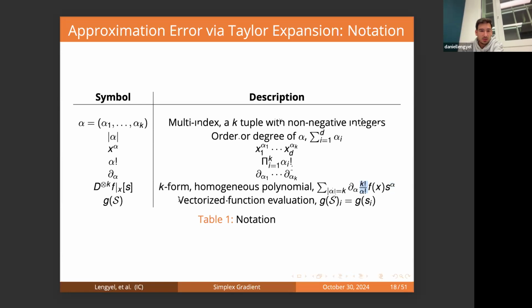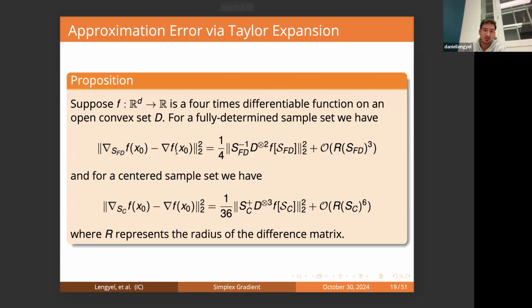This should be flipped. And then we write this in vectorized notation. So if we have some set of difference vectors, we would write it as a column vector. So if we plug in mathcal s into here, it's just a column vector of polynomials. So it's quite nice, right? So now we can use this expression via the Taylor's theorem to approximate this approximation error.